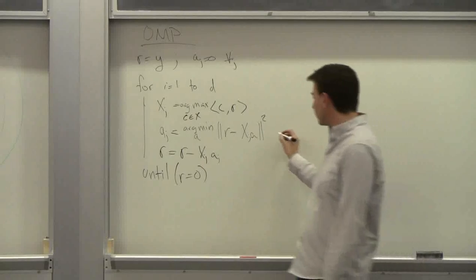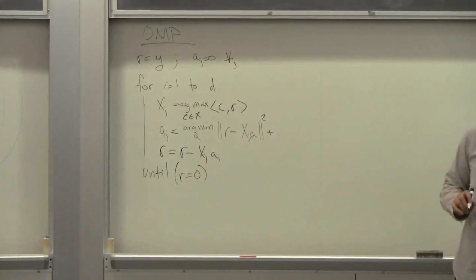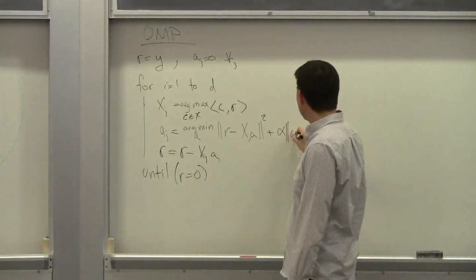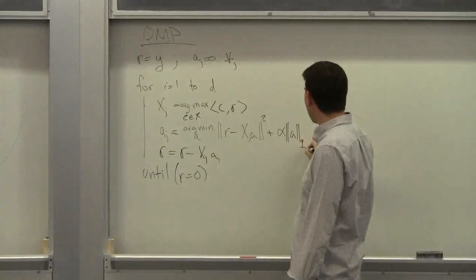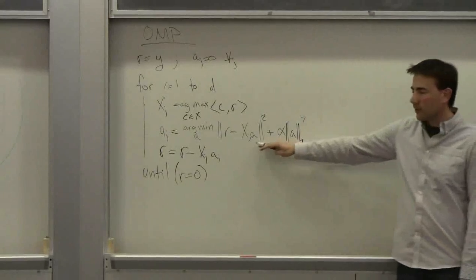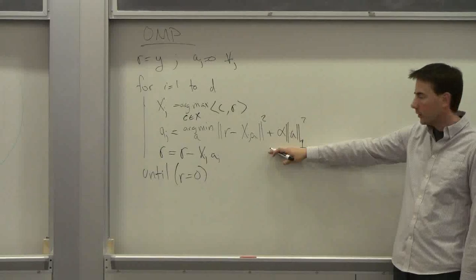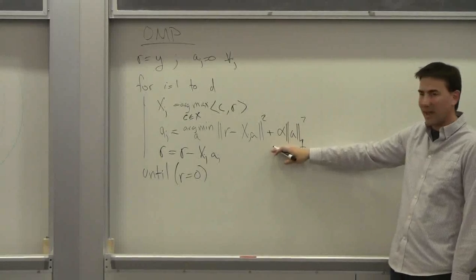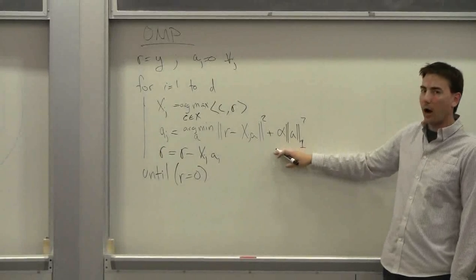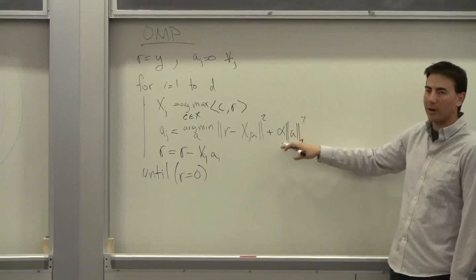So the first change I want to make is to have some alpha times A, and have this be the 1 norm. So instead of solving the least squares here now, I can just plug in this constraint for having A in here, for this extra regression term, or this extra regularization term.